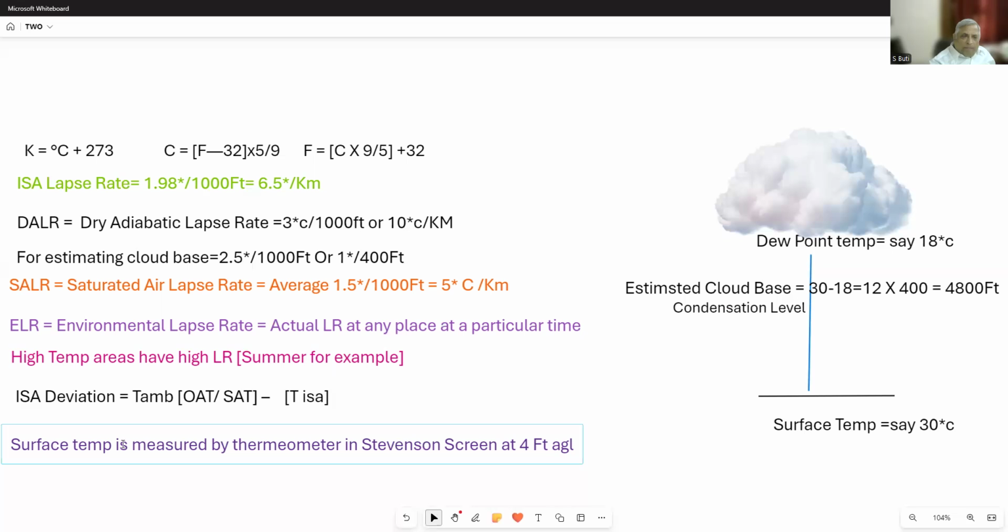The surface temperature given to you by ATC before takeoff is not the temperature of the grass or the surface where you are, but of the atmosphere near the surface, and this is measured by a thermometer placed 4 feet above ground level in a screen called a Stevenson screen. It is also sometimes called screen temperature.